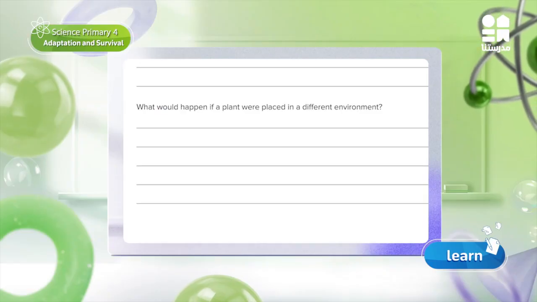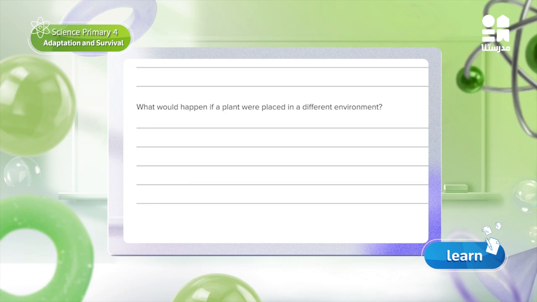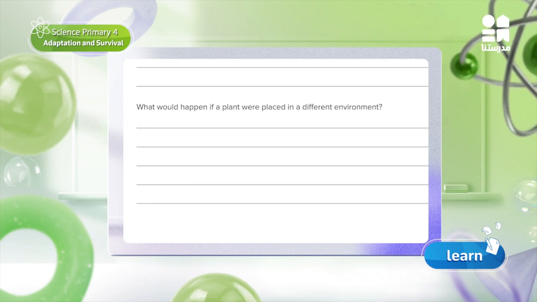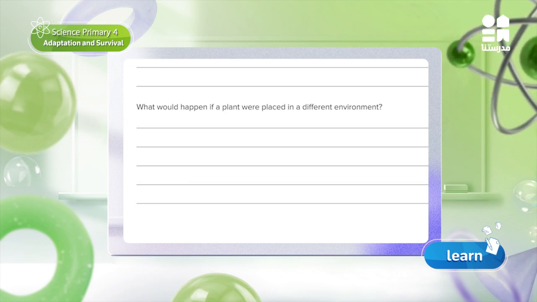The third question is, what would happen if plants were placed in different environments? This is one of my favorite questions. Imagine a plant in a desert environment which was moved to a humid environment full of water, or vice versa, a plant that grows in a desert moved to an environment full of snow. What will happen? I think you could guess the answer easily.